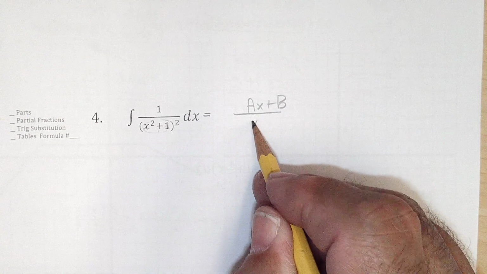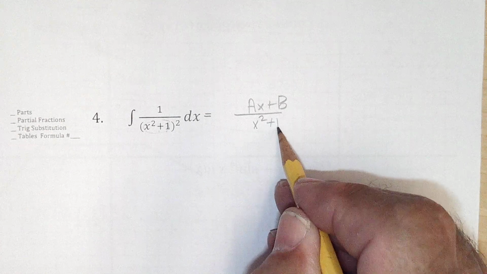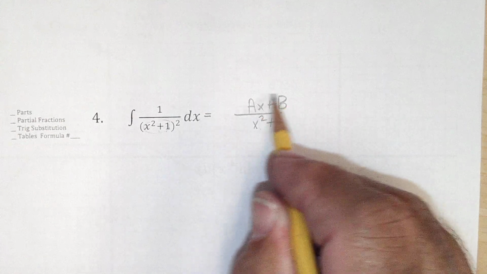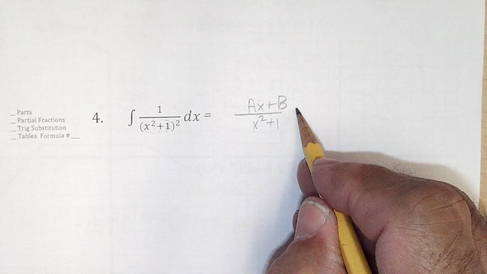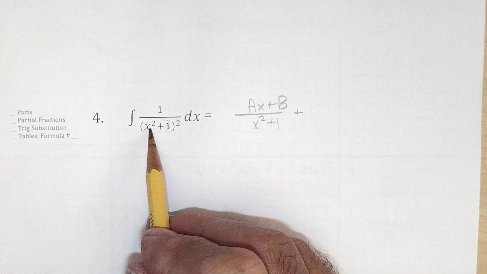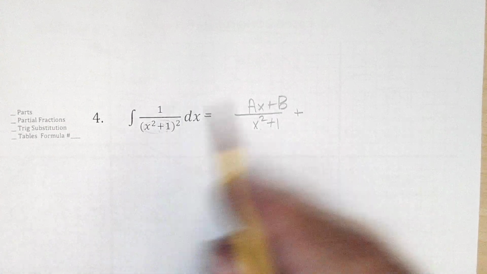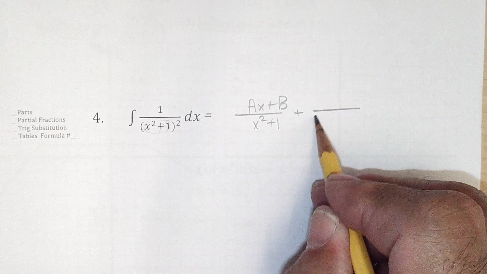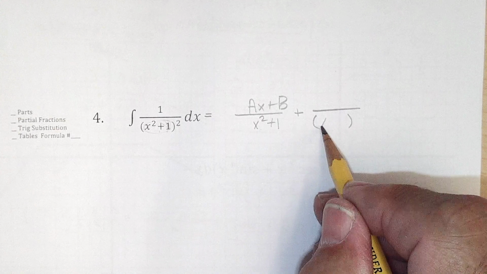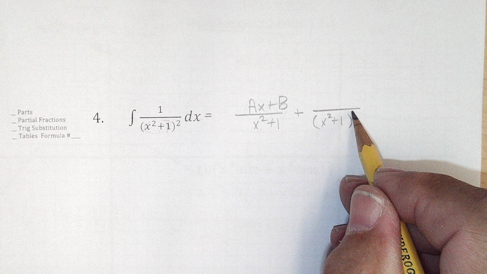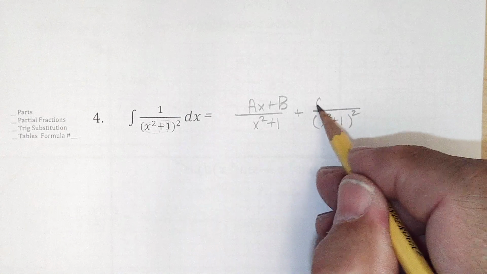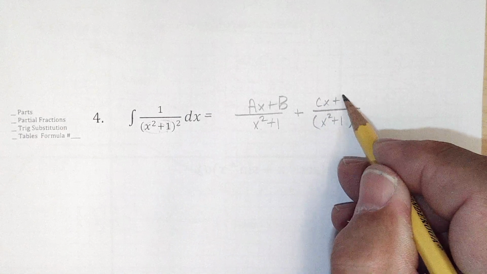And we'd have x squared plus 1, a quadratic factor, so we do a linear numerator, plus, and since that factor happens twice, we'd have to do it with a cx plus d.